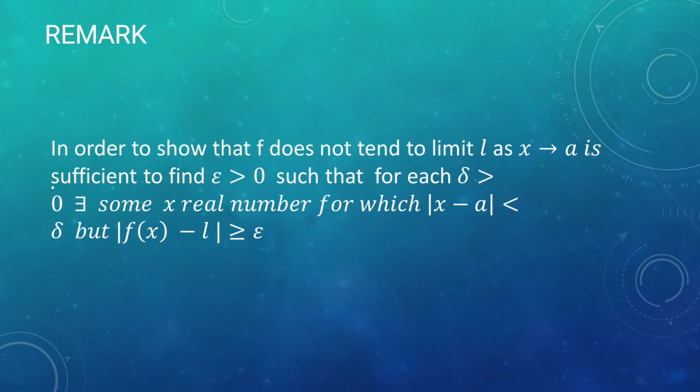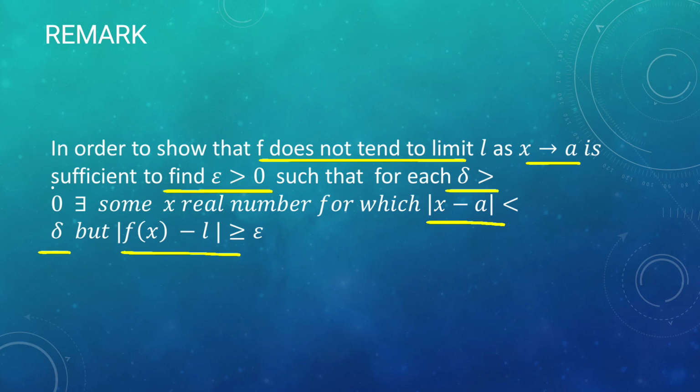A remark: in order to show that f does not tend to a limit L as x tends to a point A, it is sufficient to find a positive epsilon such that for each positive delta there is some real number x for which the absolute value of x minus a is less than delta, but the other condition is not satisfied, that is, the function minus the limit is greater than or equal to epsilon.